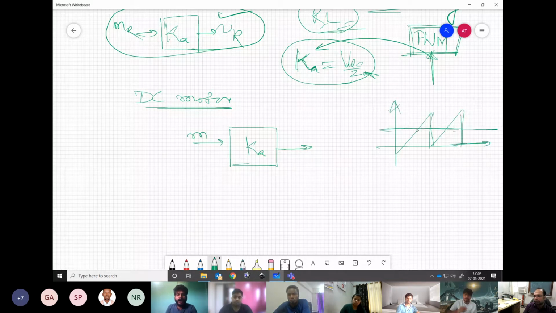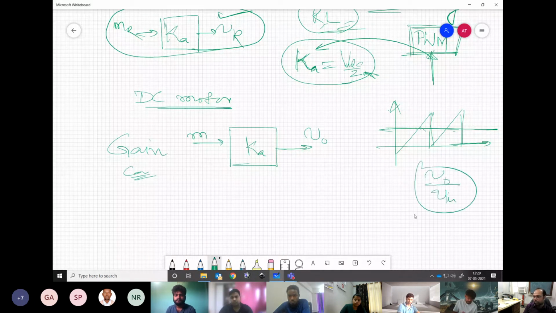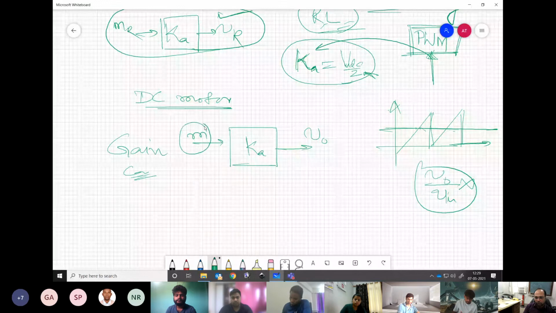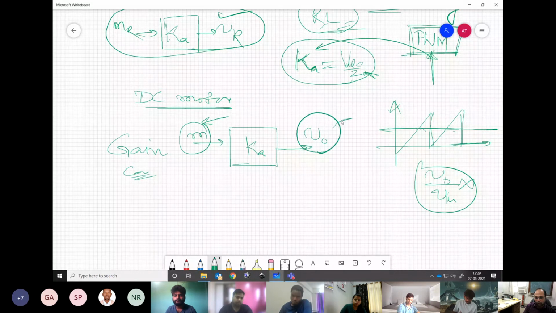And we are comparing some reference signal, according to that our output is coming out. Understanding my point? So whenever we talk about gain from control system point of view, it is not V output by V input for the converter. From the control signal point of view, what signal we are feeding and what output we are getting. What is the relation between the two?